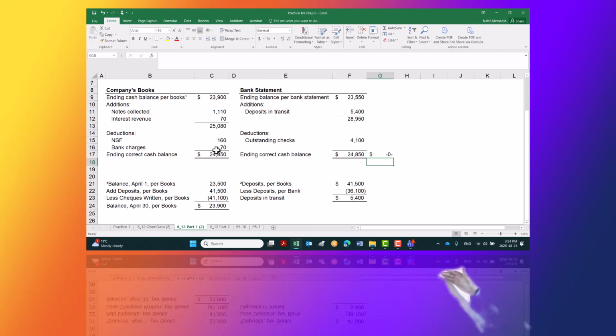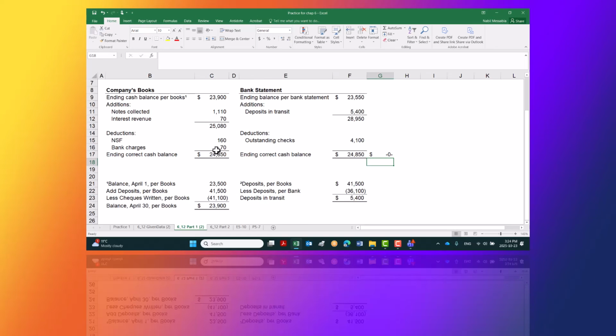We did not know there was a note collected. Now that we know, we have to account for it. We didn't know that we collected an interest revenue. Now that we know, we have to account for it. NSF, now that we know that one of our clients did not pay, we have to account for it, and the bank charge. So we have to make journal entries for this.